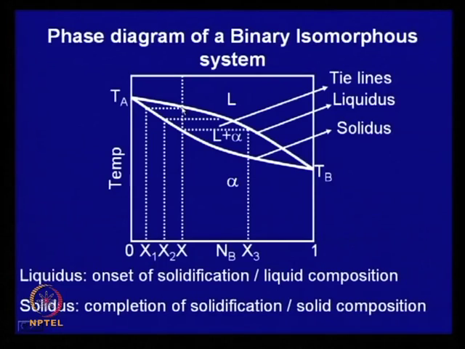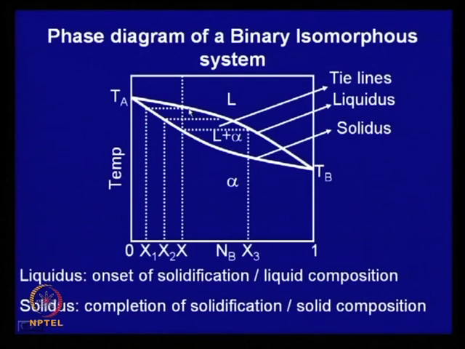What will be the composition of that solid? If you draw a horizontal line to the solidus, this x 1 represents the composition of the solid that precipitates out from the liquid, and this has lower concentration of B.